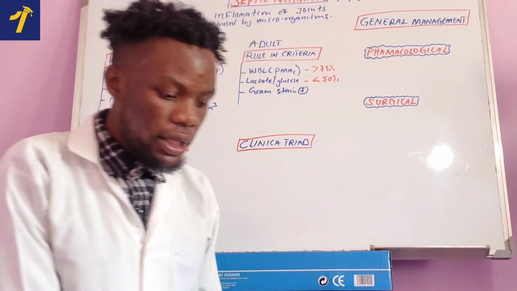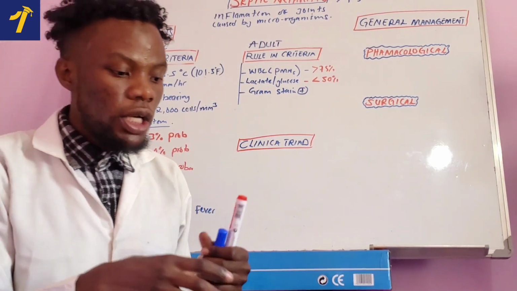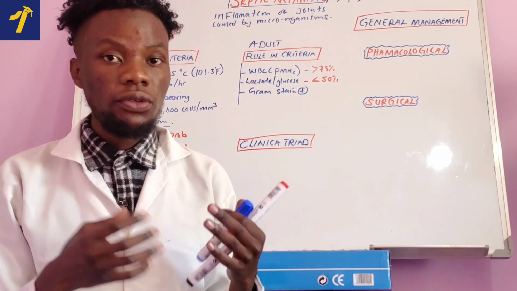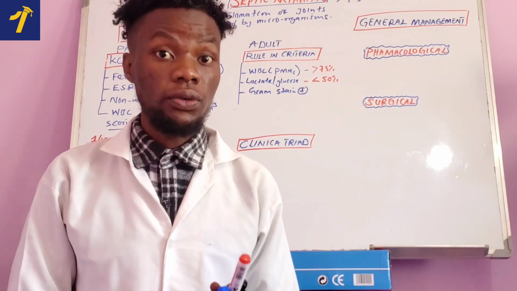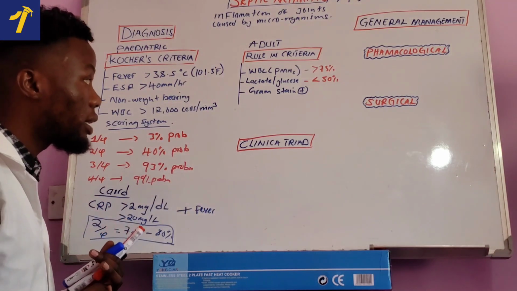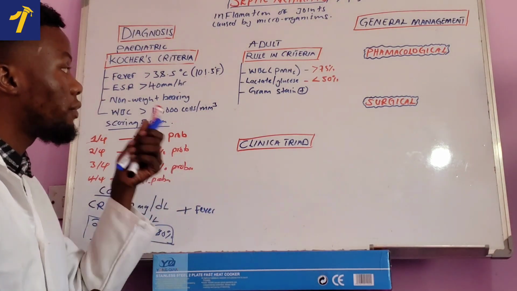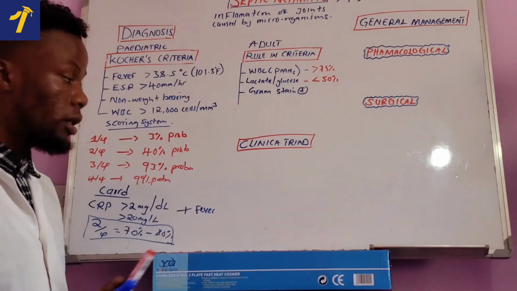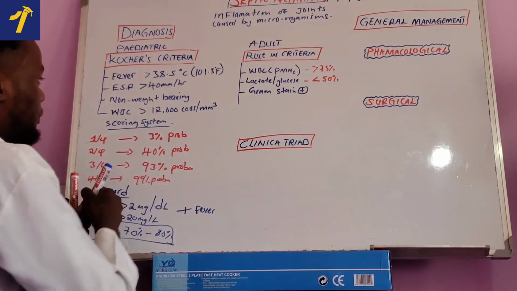So if you get that aspirate, we try to get cultures from there. If we get cultures, we're going to have a positive culture, and we stain that sample so that we can have a gram stain, and most is going to be a gram positive.